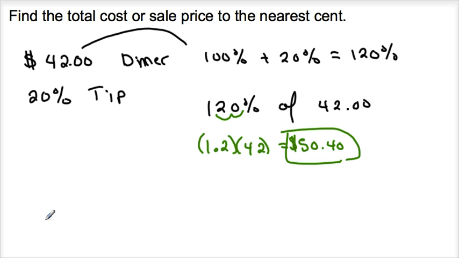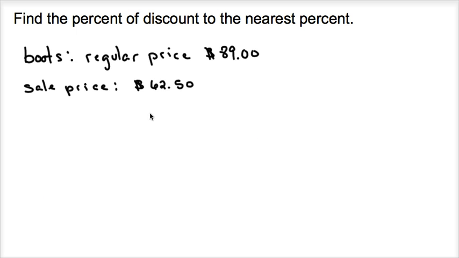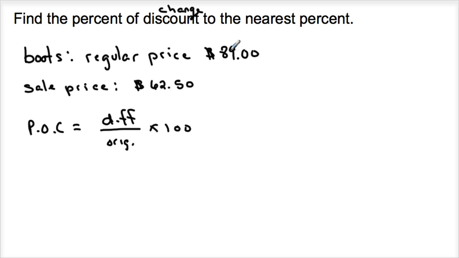Talking about money. So find the percent of discount to the nearest percent, or find the percent of change. So remember, percent of change is equal to the difference over the original times 100 to make it a percent.